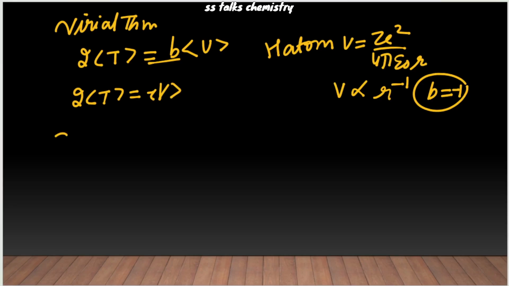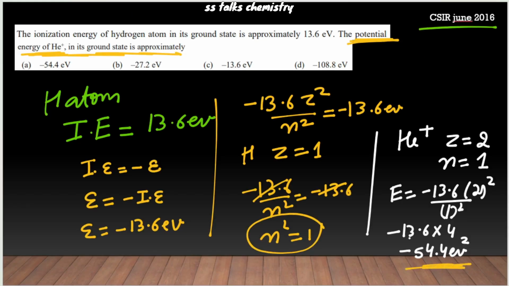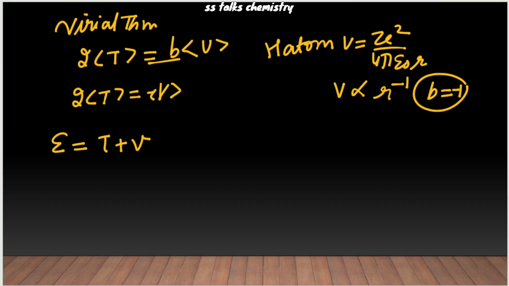Now the total energy of the system is the sum of the kinetic energy and the potential energy. Right? It is the sum of the kinetic and the potential. Total energy we have found, which is minus 54.4. Now the potential energy I have to find. So write the kinetic energy in terms of the potential energy, which is minus V upon 2, plus V. So this is becoming V upon 2.